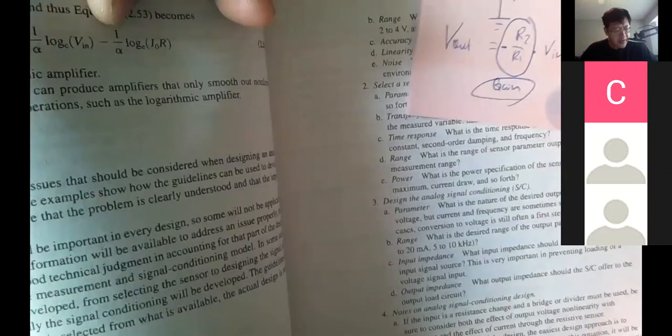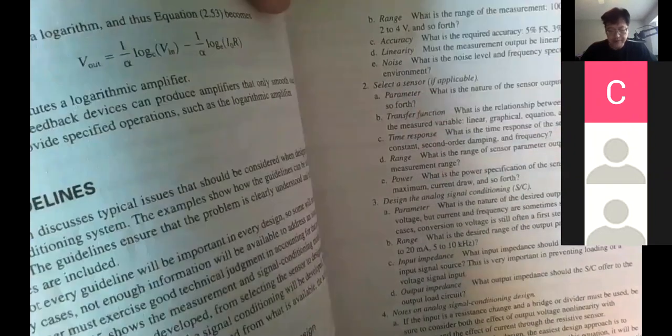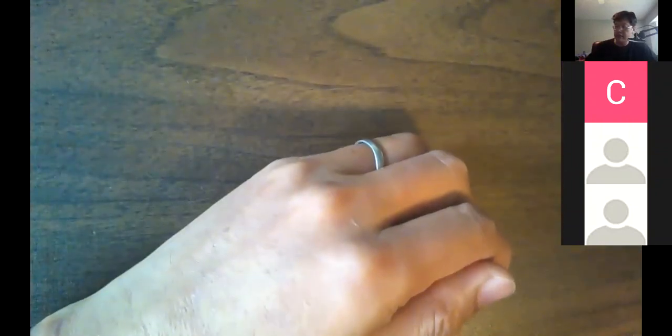So that's the op-amp, and that's our introduction before the lab. Today we're going to do a couple of op-amp labs.